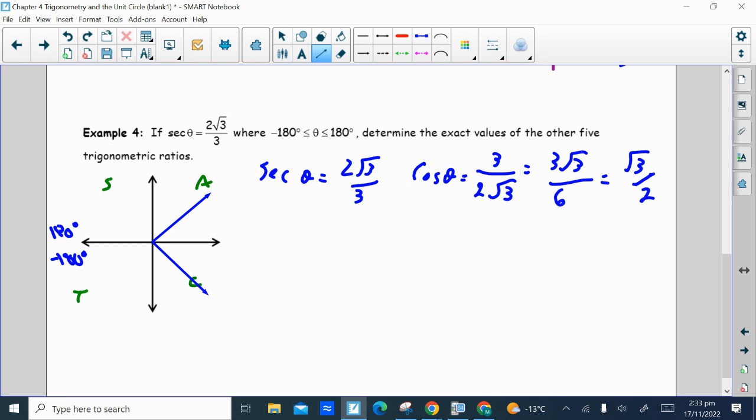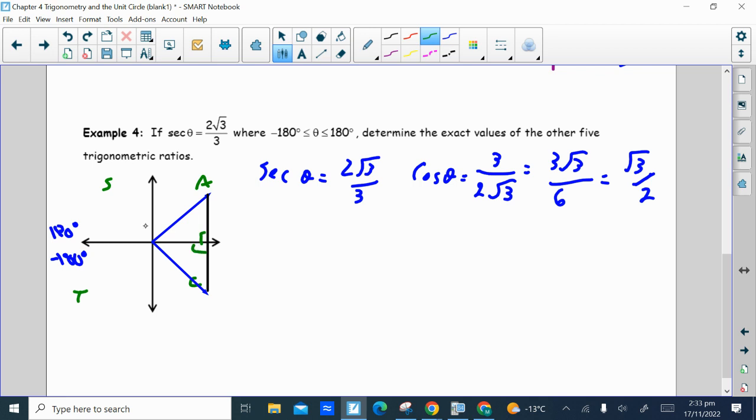The secant is positive 2 root 3 over 3. The cosine is positive root 3 over 2. So we're going to have 2 different triangles that we'll be looking at. 2 right triangles.